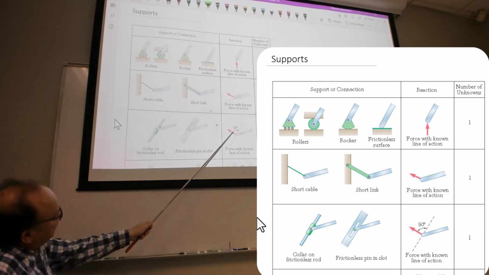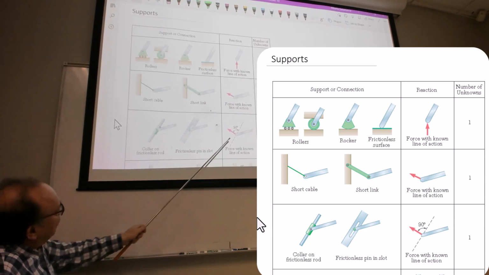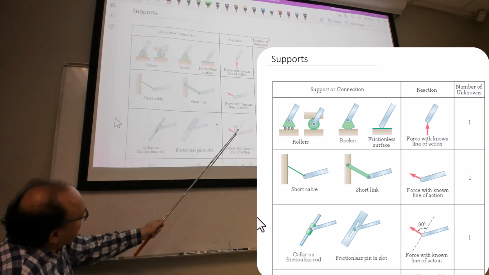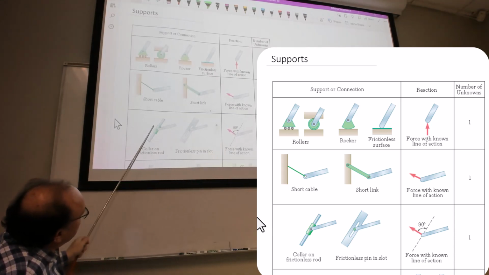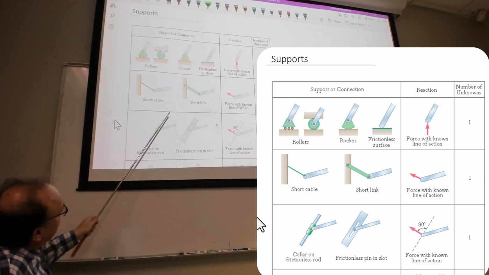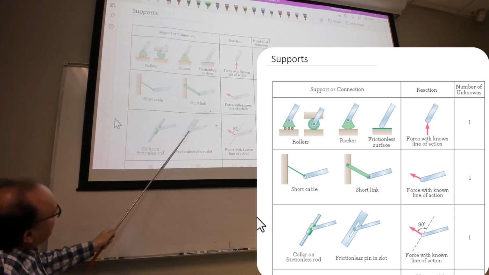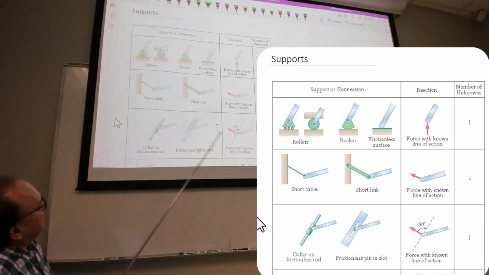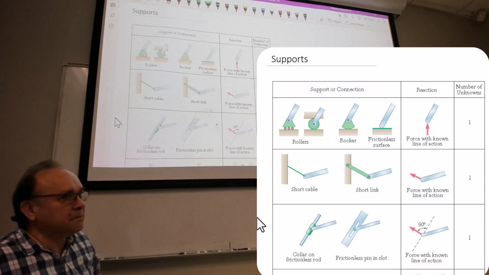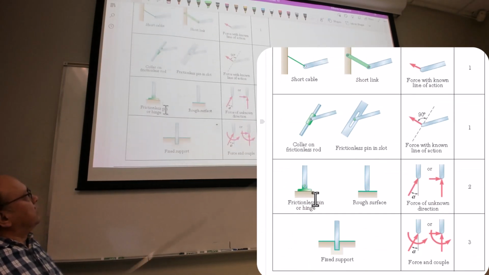So this force is going to be applied by this rod on the collar, which is applied on the structure here to avoid the motion perpendicular to the rod. Same thing here, right? This can move in this direction, but cannot move in this direction. We already talked about this.